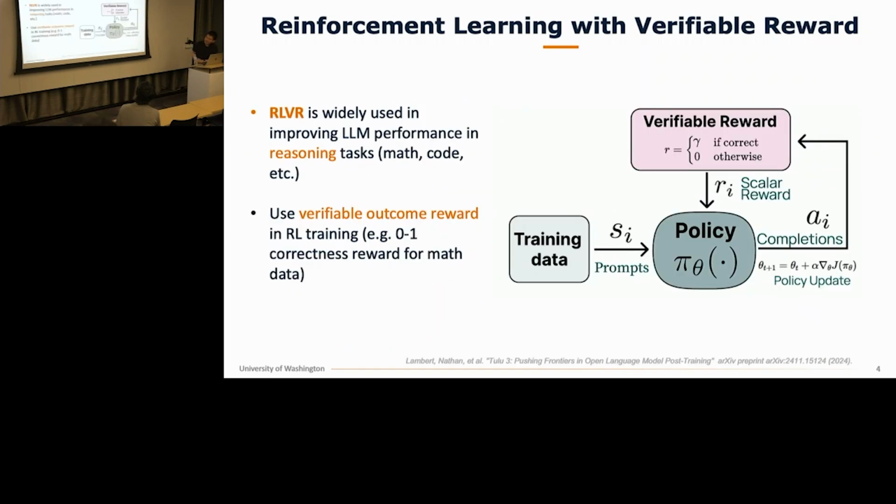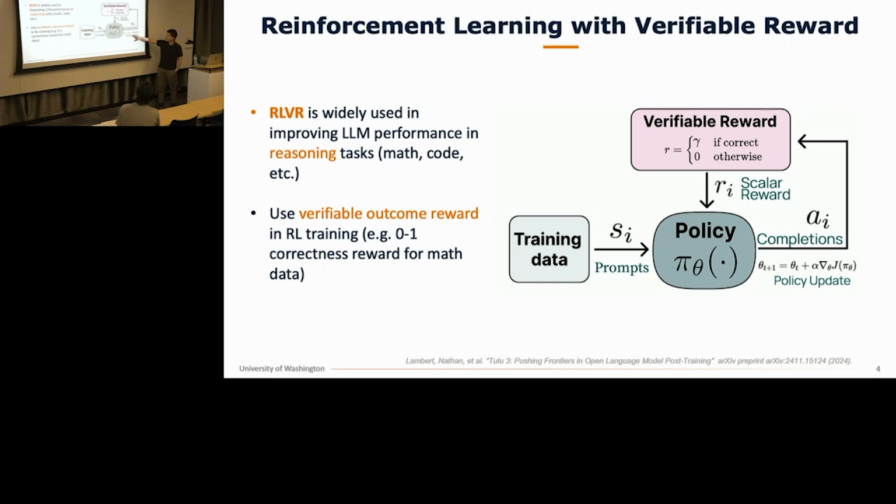Here is the paradigm of how we use what we call verifiable reward to train large language models, mainly for reasoning tasks. You have a training data point, say s_i. You can imagine it as a math problem. You use it as a prompt and put that into your language model. You can also view the model as a policy in the language of reinforcement learning.